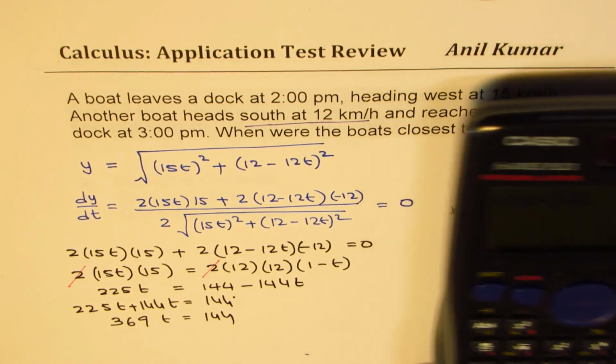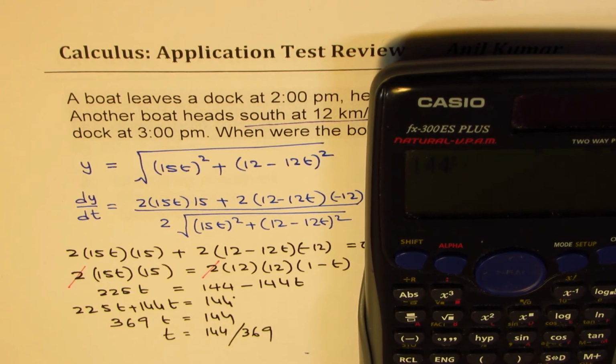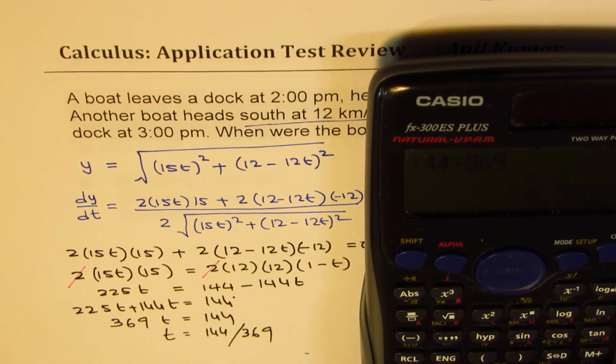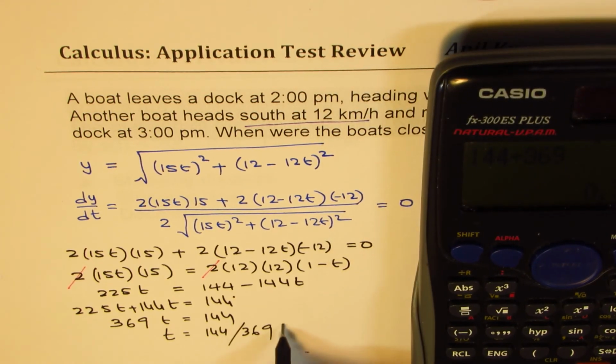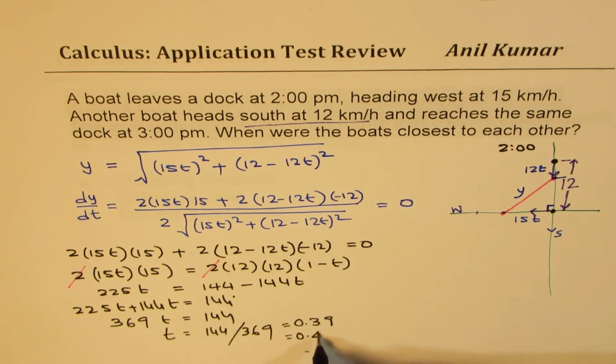So what is t equal to? t is equal to 144 divided by 369, which is equal to, in decimals, 0.39. So we could write this as 0.4 hours. Is it okay?